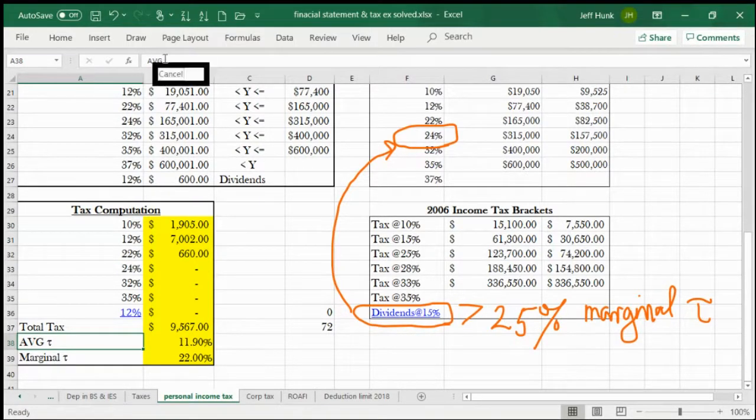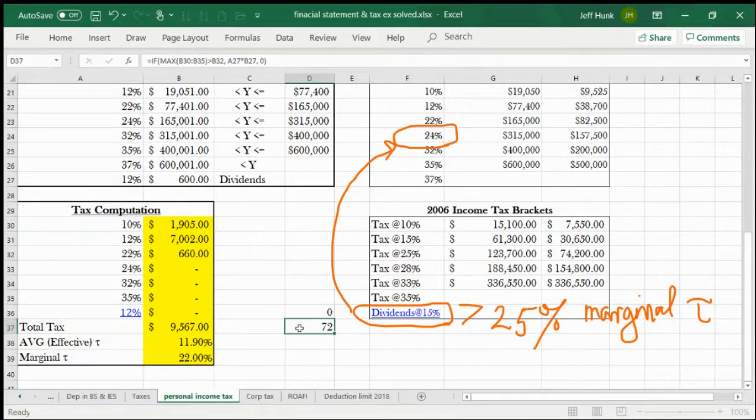Average tax rate or effective tax rate. So you might say, oh, so I take the average. No, look.